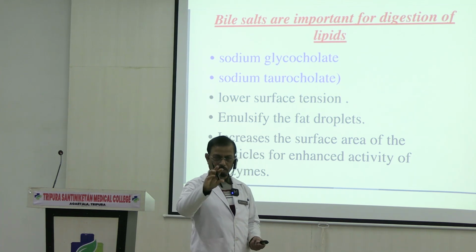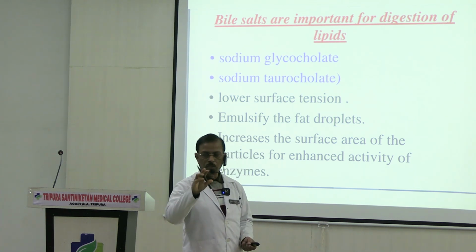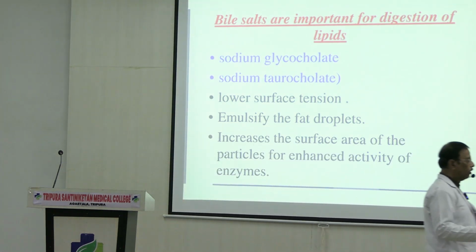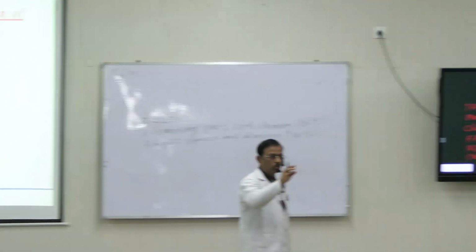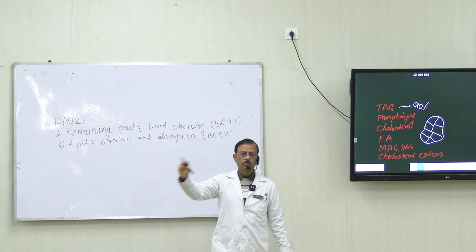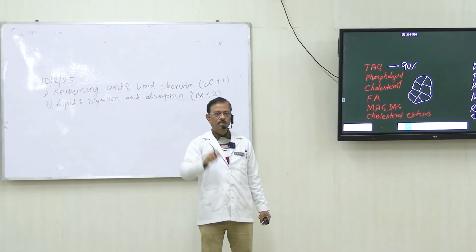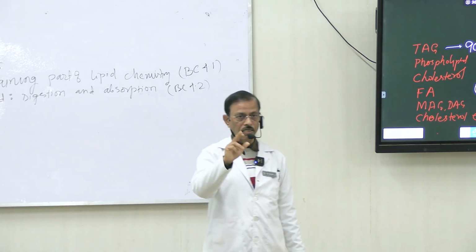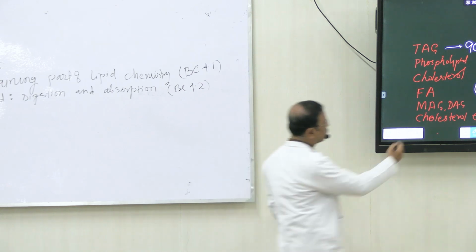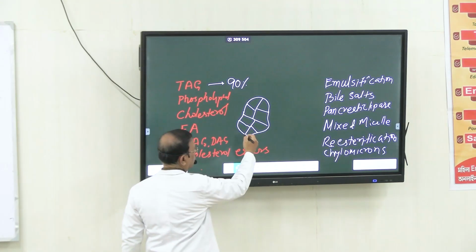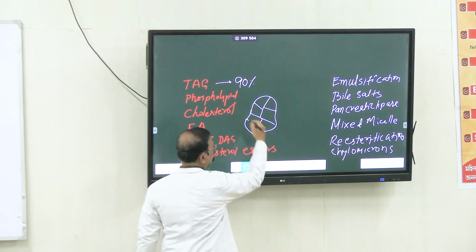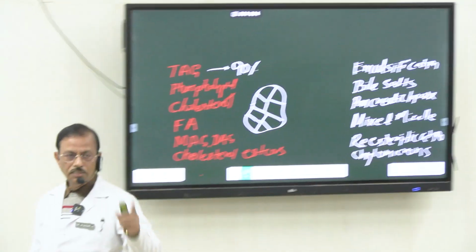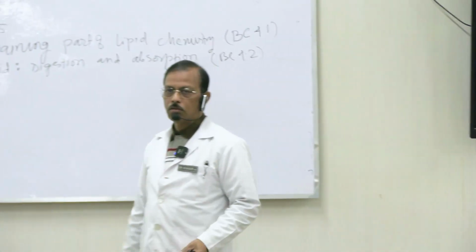When the same amount of lipid molecules is broken into numerous small droplets, they have larger area, because a large droplet has only this much surface area. Smaller droplets have this one also, this one, this one, this one. So surface area increases, no? That's why this surface area will have enzyme action.